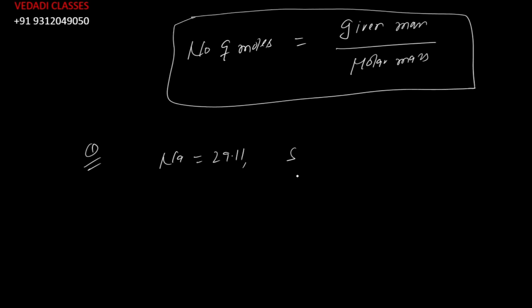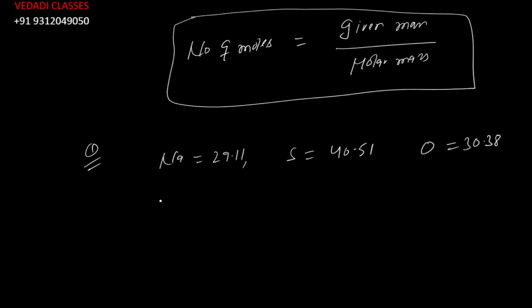I'm not writing the whole question, just the values, what the question states, and what it demands. Sodium is 29.11, sulfur is 40.51, and oxygen is 30.38. Now you have to calculate the empirical formula of the salt.